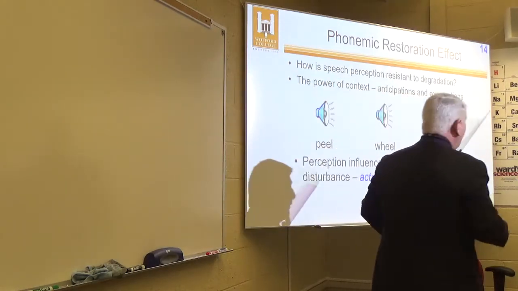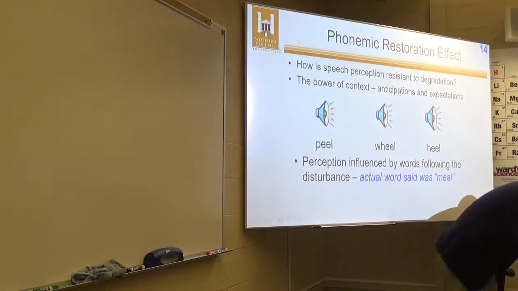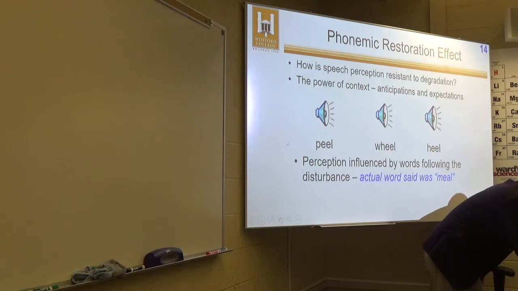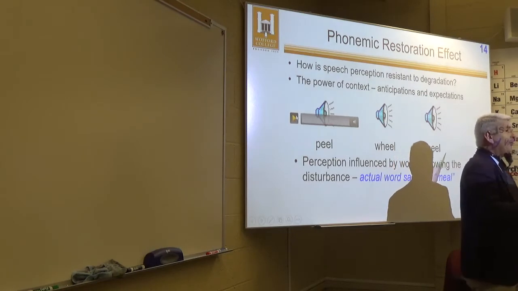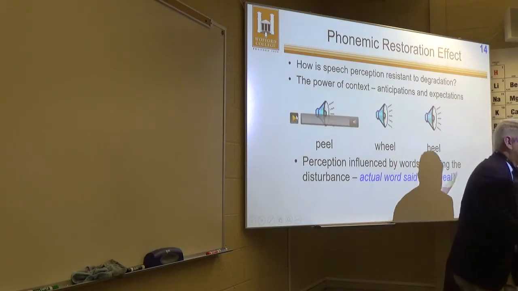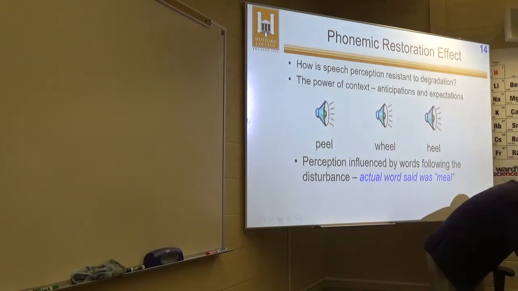In fact, the first time that you listen to it, you're probably not able to hear the P phoneme in peel, but the second time, because you're expecting it and you know it's there, you actually start to hear that. It was found that the heel was on the orange.